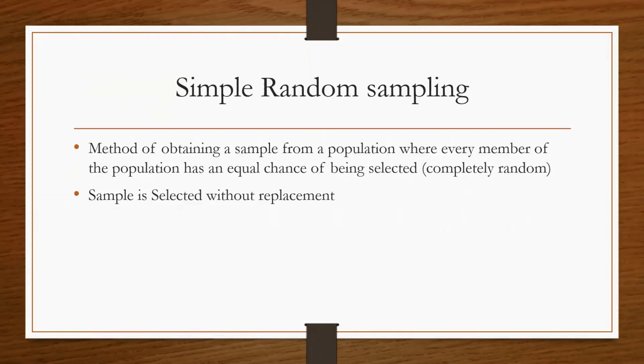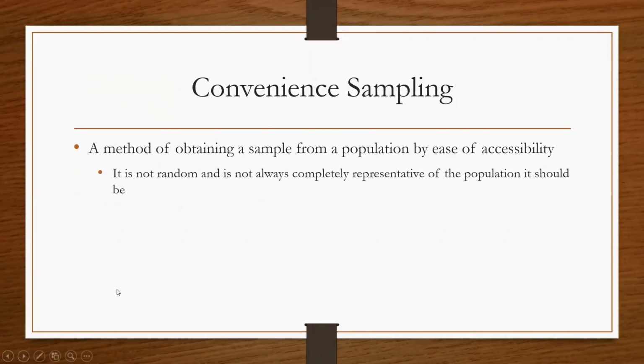So it's supposed to be completely accurate of the population. And it's also selected without replacement. So once you get someone, you're not putting them back in to then potentially get them again. But then you also have something called convenience sampling, where they're doing what's most convenient for the researchers, so it's just the easiest to do.